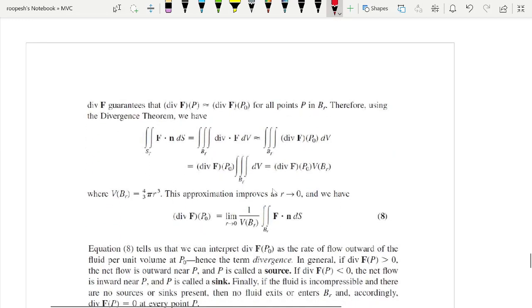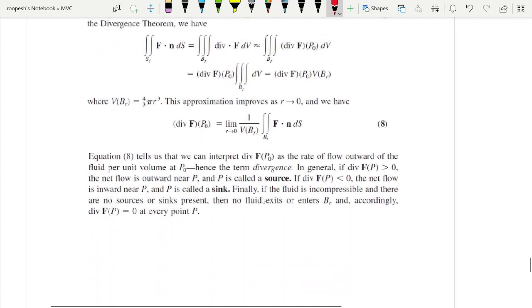Therefore, using the divergence theorem, we can have the integral over SR of F dot n dS equal to the triple integral over BR of divergence of F dV. That's equal to the triple integral over BR of divergence of F at P naught dV. Both are the same, right? Now divergence of F at P naught can be taken as a constant. So divergence of F at P naught times the triple integral over BR of dV.